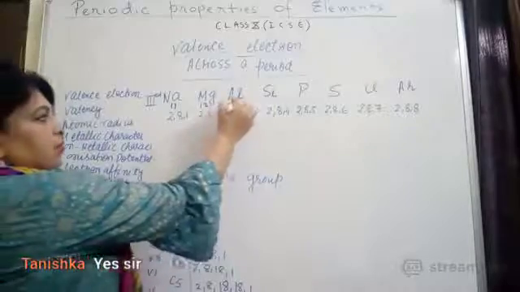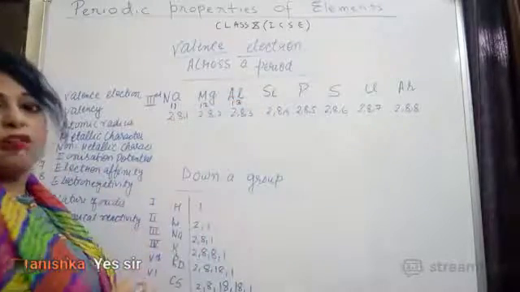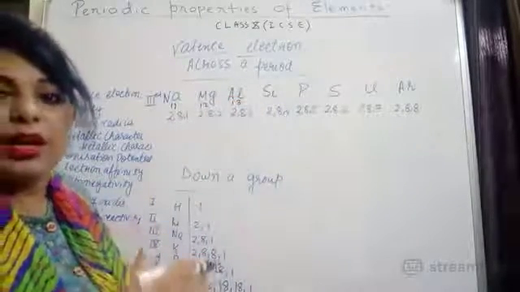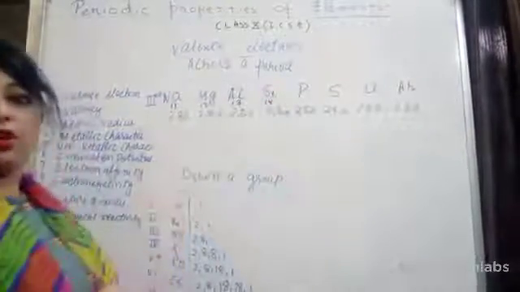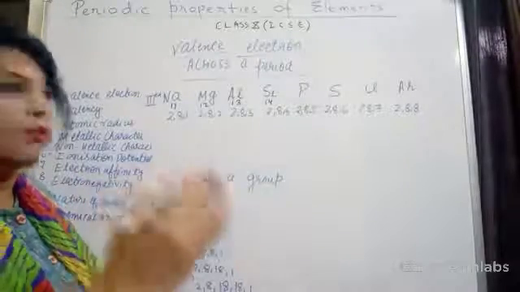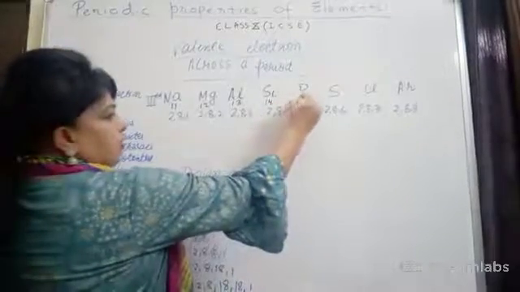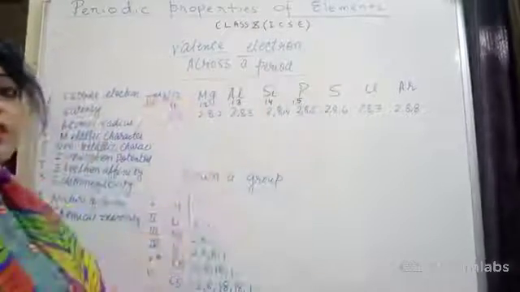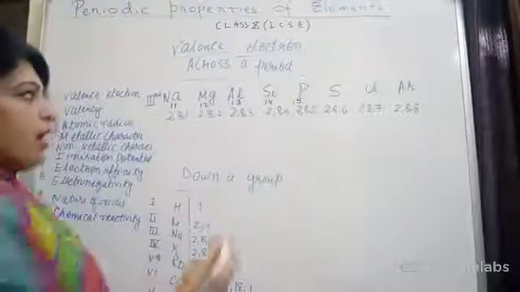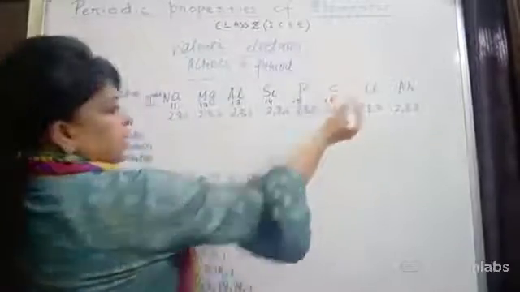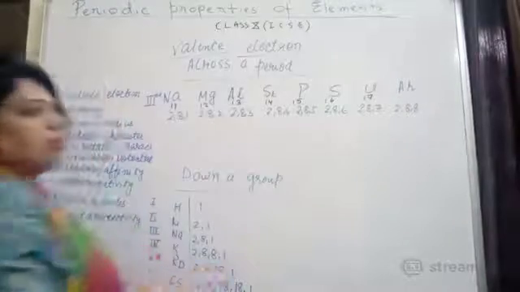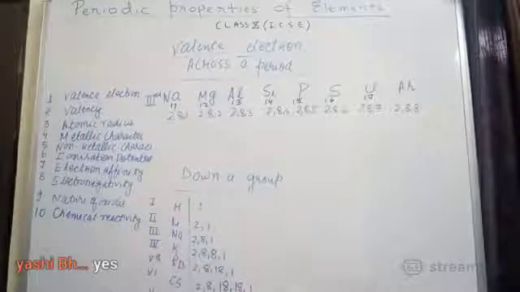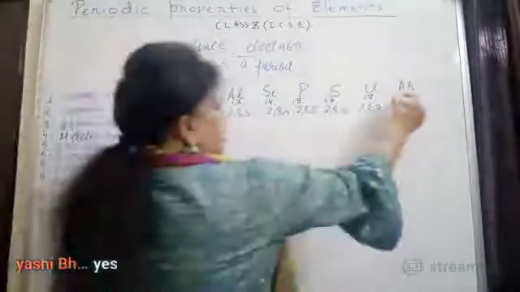In case of aluminium, the atomic number is 13, so the configuration will be 2,8,3. For silicon, the atomic number is 14, so 2,8,4. For phosphorus, 15, so 2,8,5, and 16, so 2,8,6. Then atomic number 17, so 2,8,7.